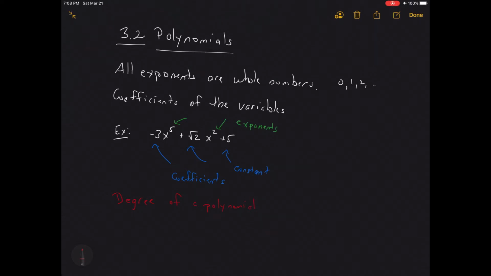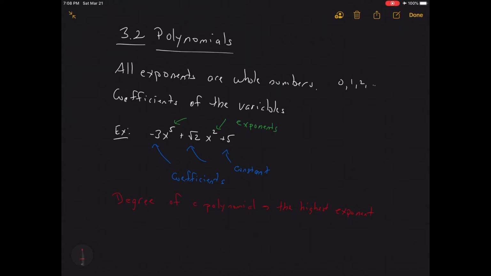And the degree is the highest exponent. So if you look at the example that I wrote down here, the degree of this polynomial function is going to be 5 because it is the largest exponent.